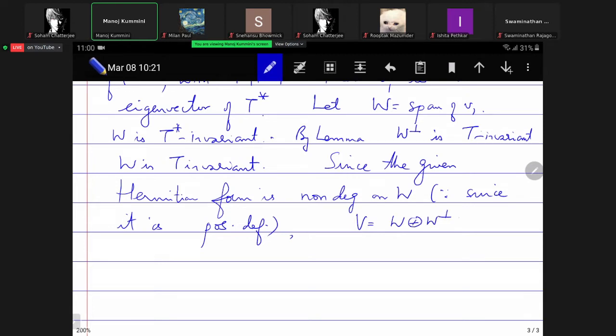But this is exactly what we wanted. We have now written V as a direct sum of two T invariant subspaces.